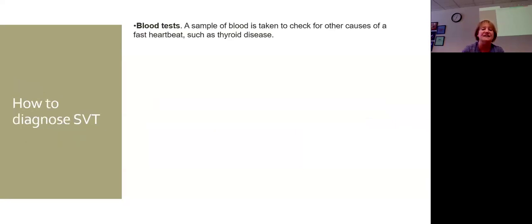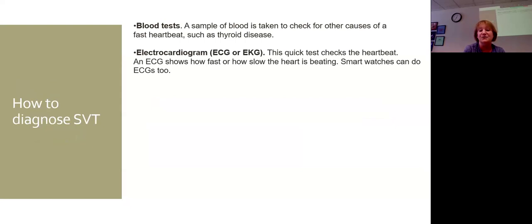Okay, so how do you diagnose SVT? Well, let's do a blood sample first, because if there's something going on with your thyroid, that could very well be causing a fast heart rate. And let's do an ECG. Remember, if you're in SVT, it's going to show for sure on your EKG.